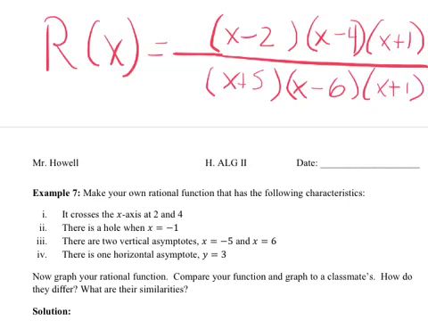When you have a horizontal asymptote at y equals some number, remember the degrees are the same because you take the ratio of the leading coefficients. When the horizontal asymptote is y equals 0, we know that the degree of the numerator is less than the degree of the denominator.